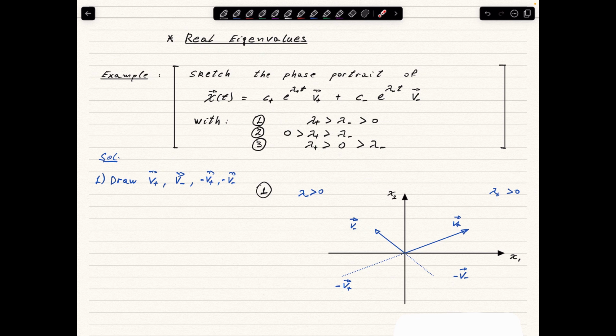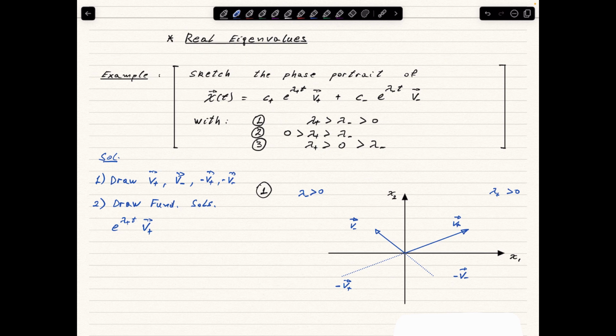So let's start with a simple case. Let's start drawing the fundamental solutions. We're going to draw the fundamental solution exponential lambda plus t times v plus.